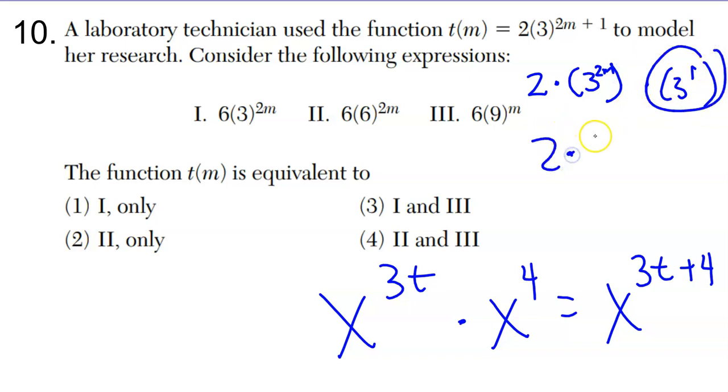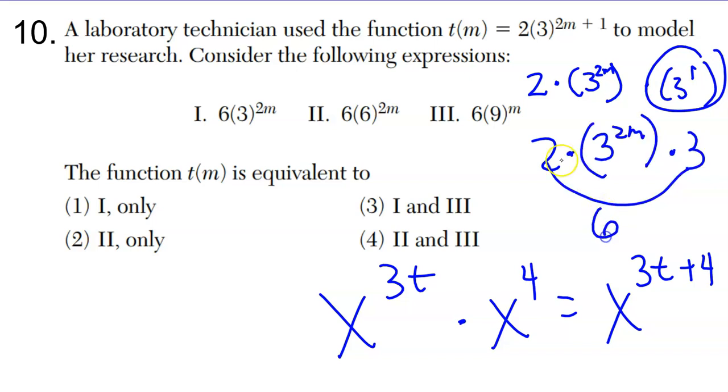So 2 times 3 to the 2m power times 3. And these, although they're not like bases, they don't have any powers, so I can certainly multiply them together. 2 times 3 is 6, but this would still be there. Whether I put it inside or outside the parentheses doesn't matter. So this is definitely equivalent.